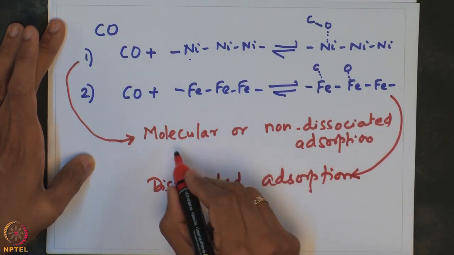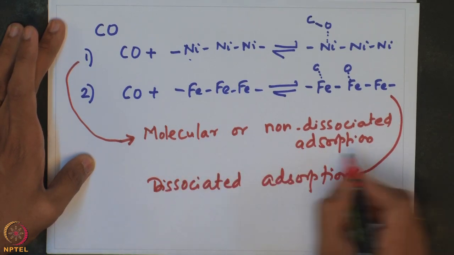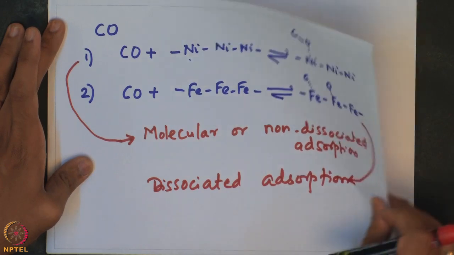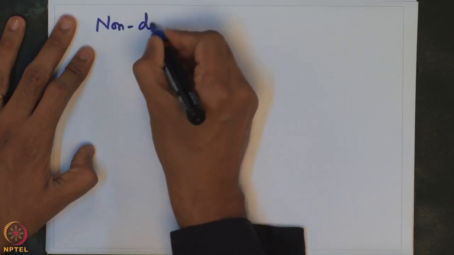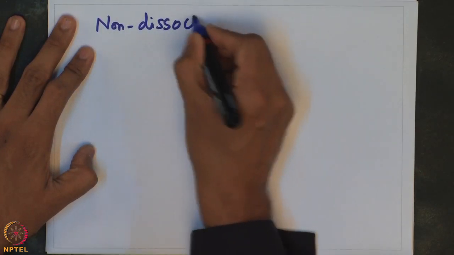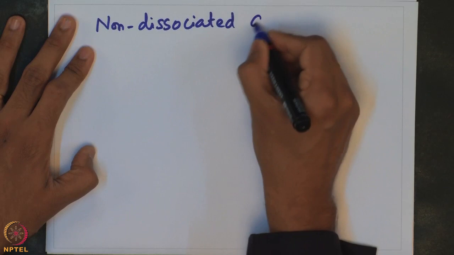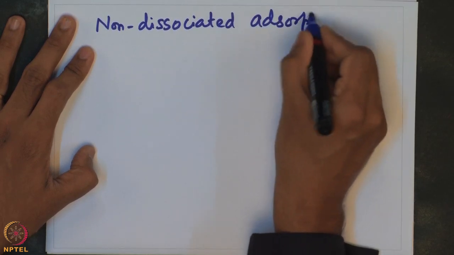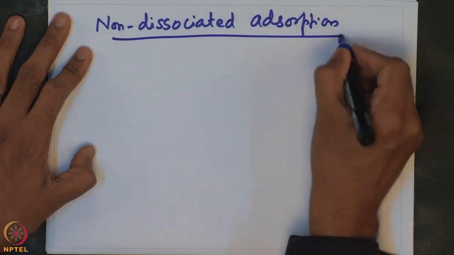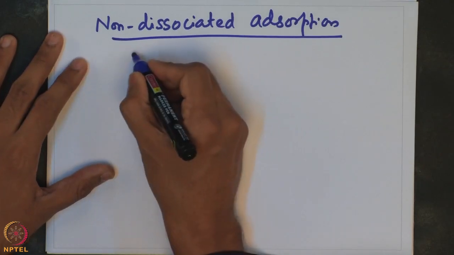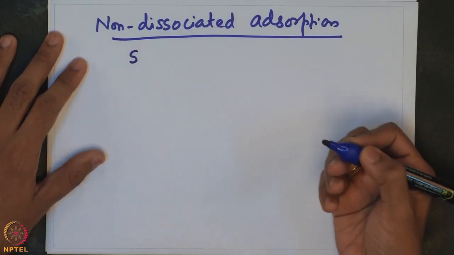So, we will find out the rate at which the adsorption can happen for both these cases. Let us take the first one, non-dissociated adsorption. Let us now say that S represents a vacant site.